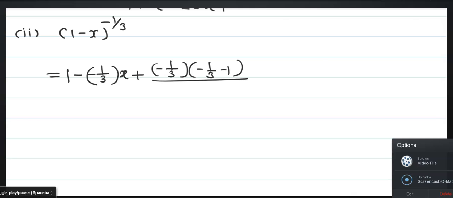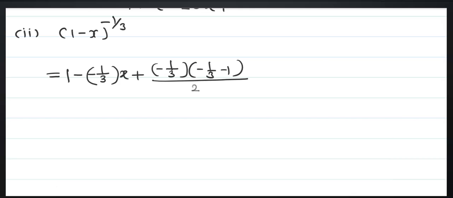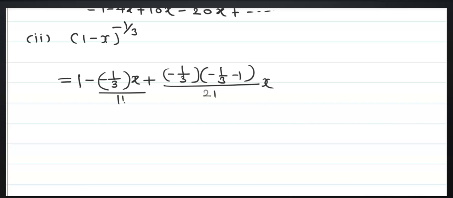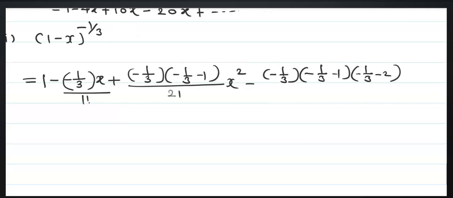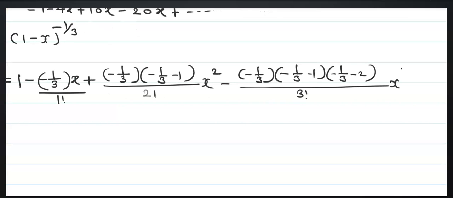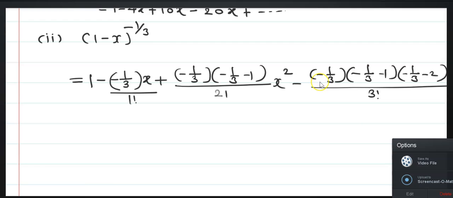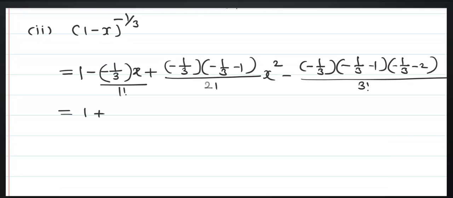Now see this. Now the next is, see this, minus 1 by 3 into minus 1 by 3 minus 1 into minus 1 by 3 minus 2 upon 3 factorial and x raised to 3. Now the simplification.